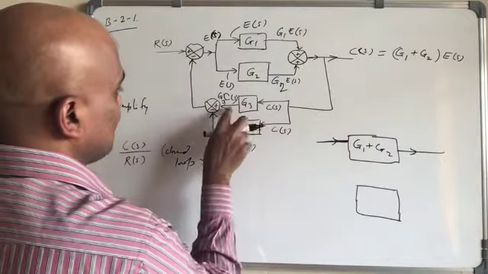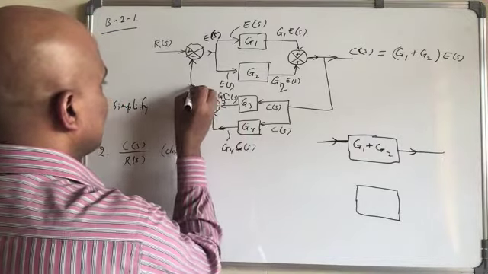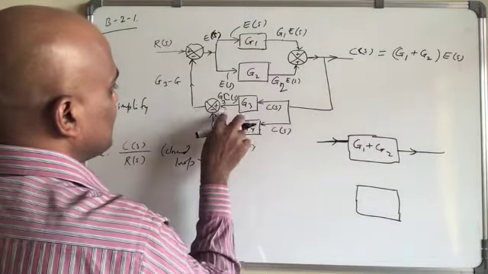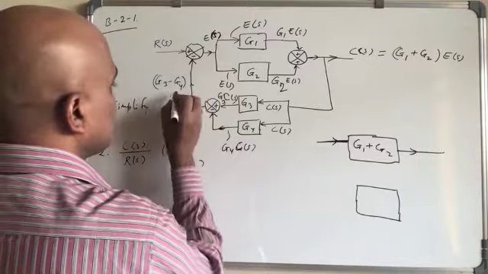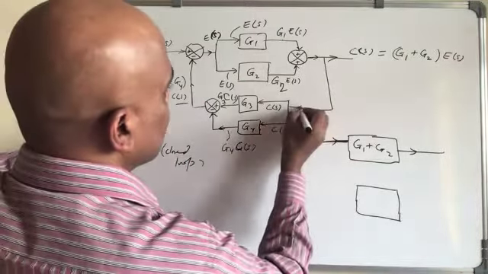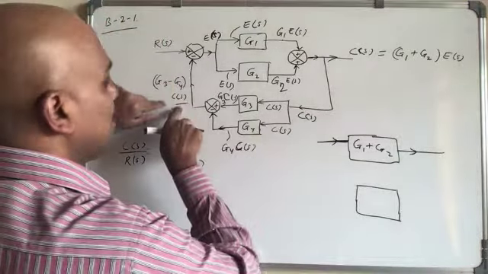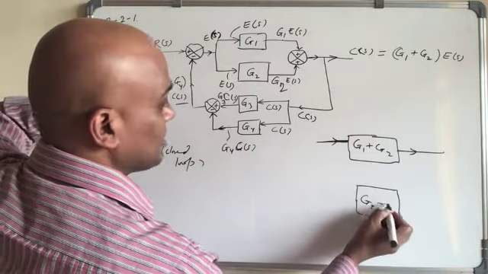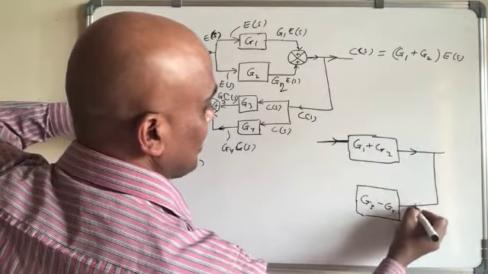So what you get here is G3 minus G4 times C(s). Hence this has to be G3 minus G4, right?